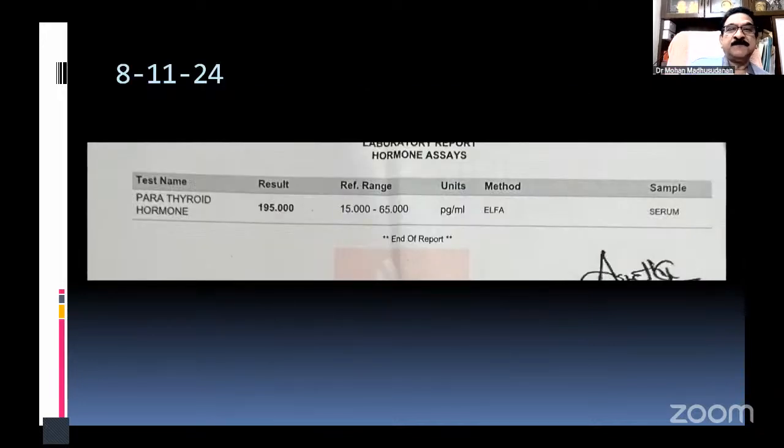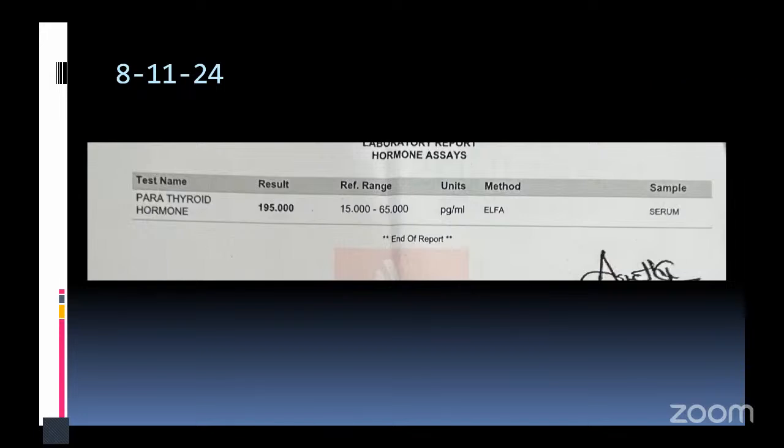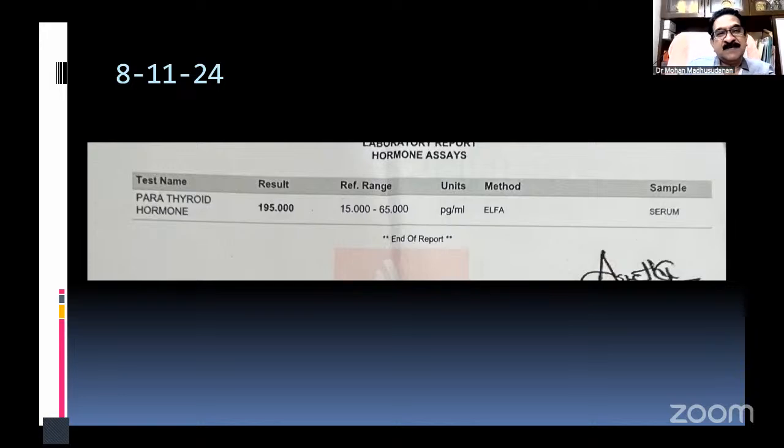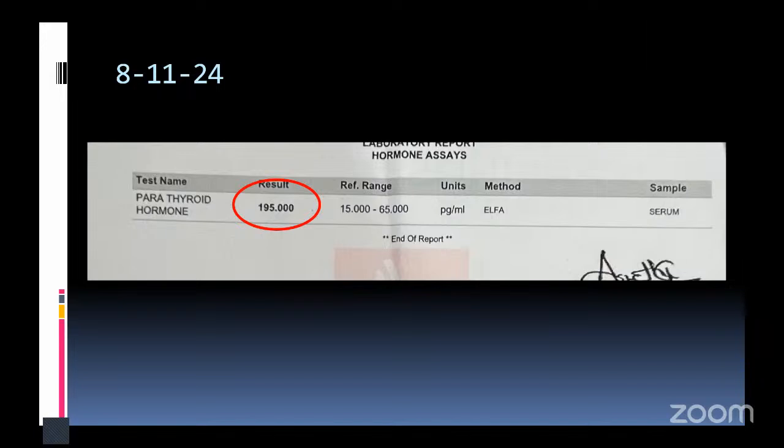Parathyroid hormone was high, 195; normal was 65. Now what is the diagnosis? Hyperparathyroidism. But calcium was normal. You can have normocalcemic hyperparathyroidism.